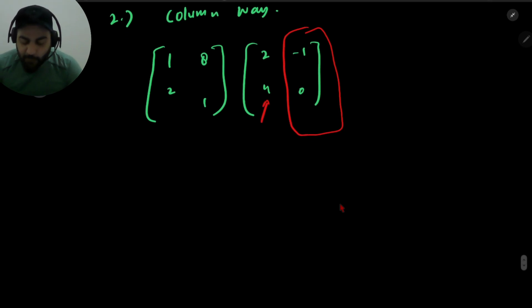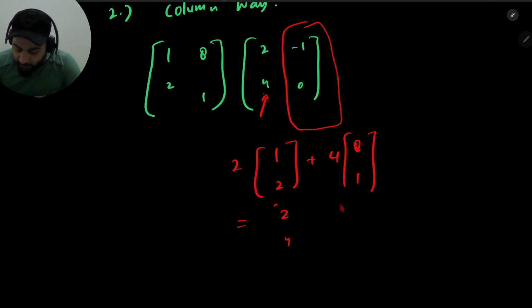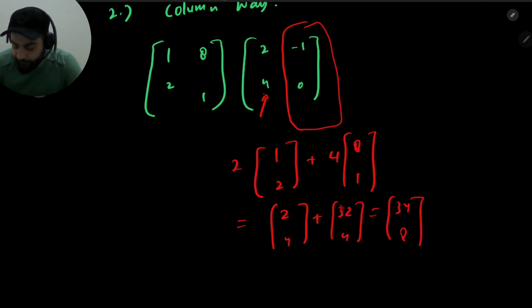As we used to do in linear transformations, we write 2 multiplied by 1 2, plus 4 multiplied by 8 1. This is equal to 2 4 plus 32 4, which is 34 8. I can make this the first column of C.